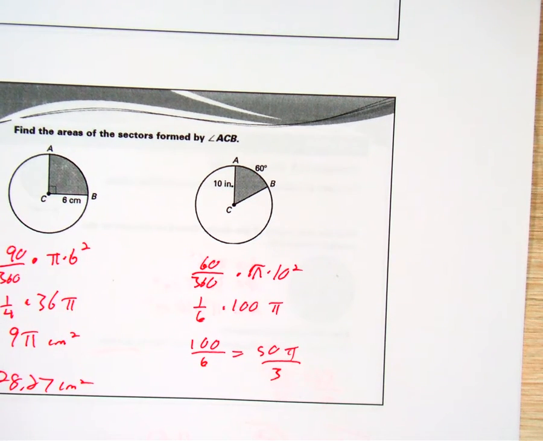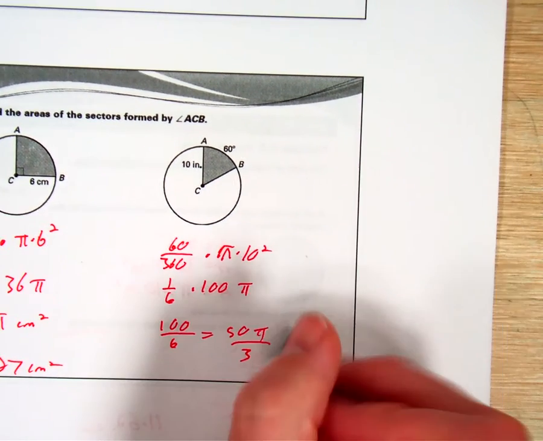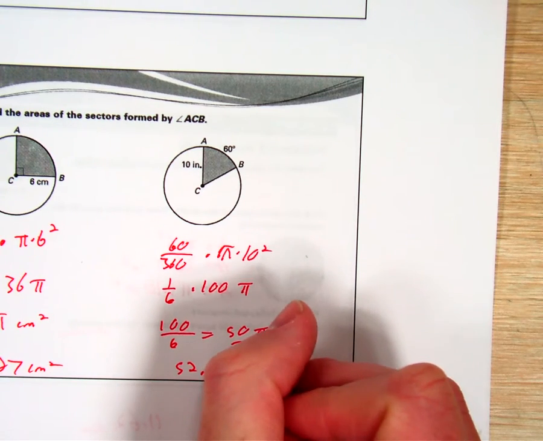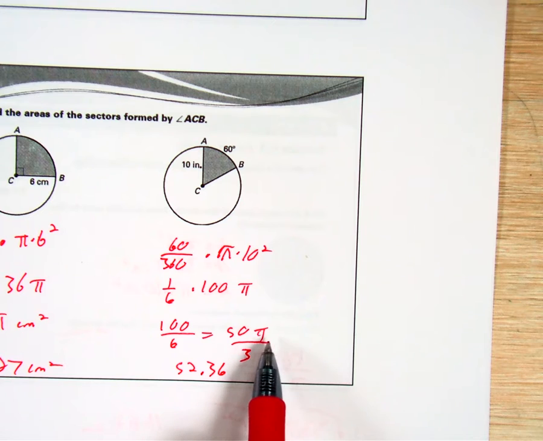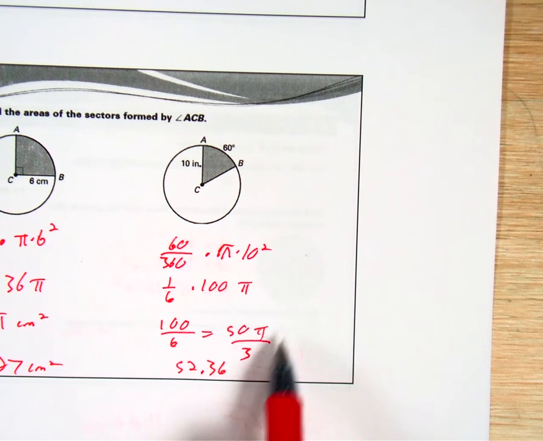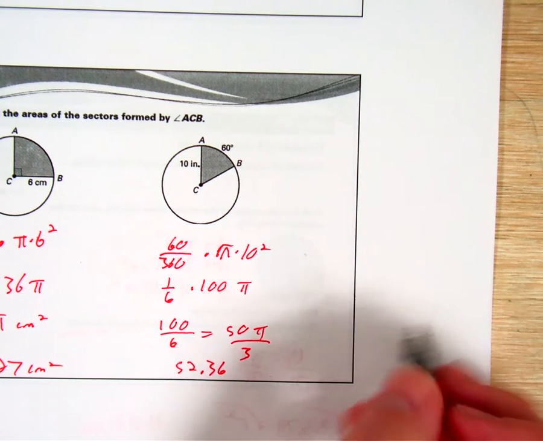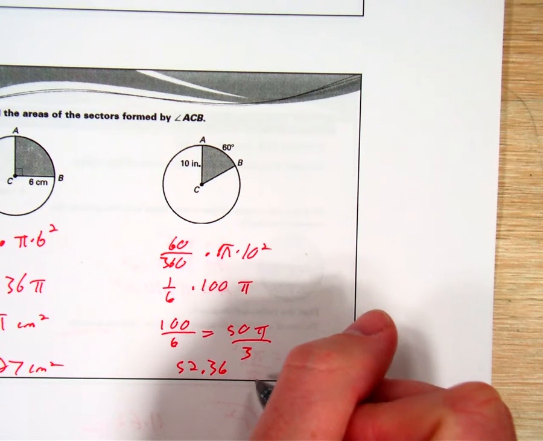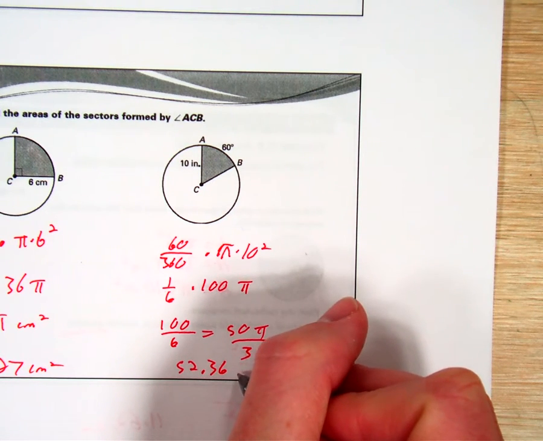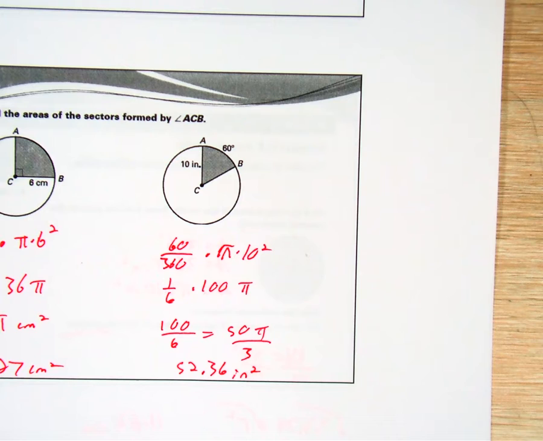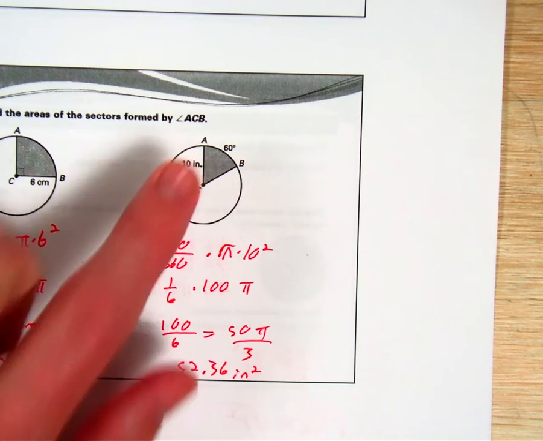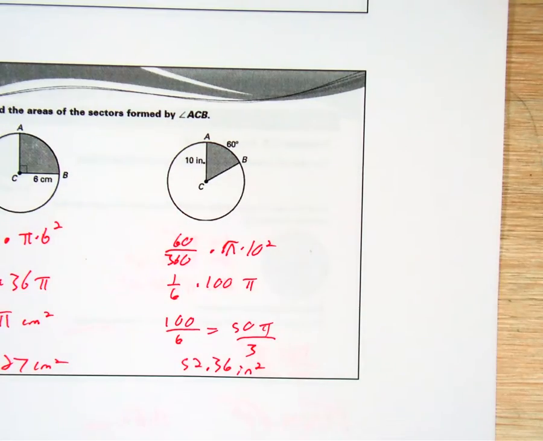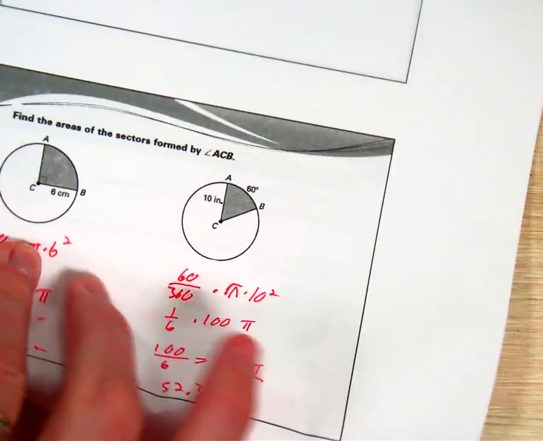And 52.36. And that's going to make sense because pi is just barely bigger than 3, so we're not expecting this to get a whole lot bigger than 50. Inches squared. Okay? So fraction out of 360 times the area of a circle. Not too tough.